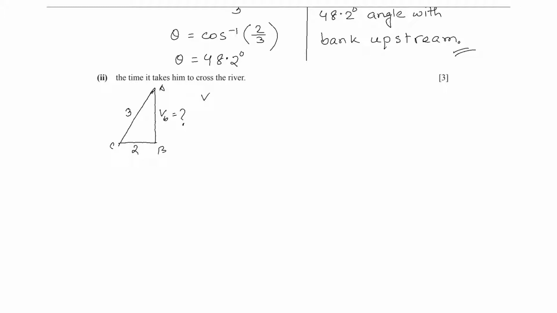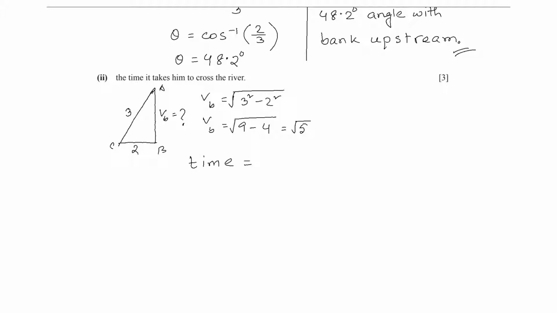Since it's a right angle triangle, using Pythagoras theorem, we can write VB is equal to square root of 3 squared minus 2 squared, which is equal to square root of 9 minus 4, which is equal to square root of 5. So we got the speed in the direction of AB.